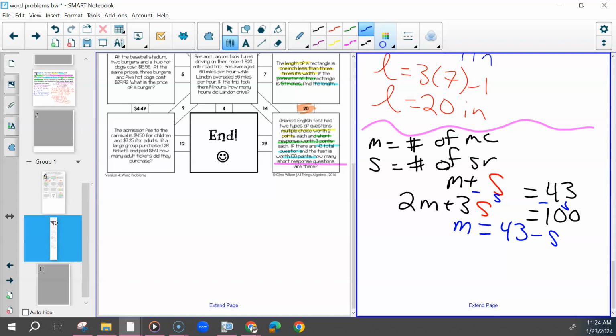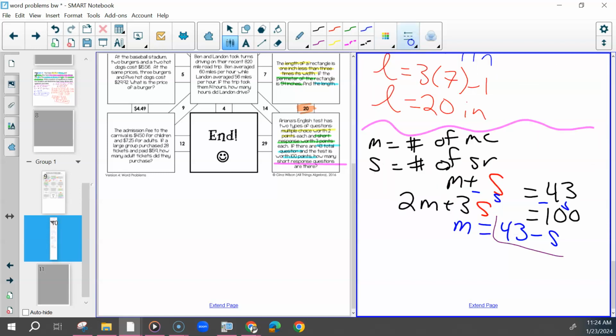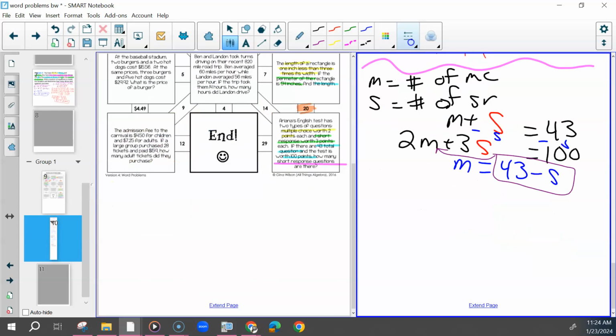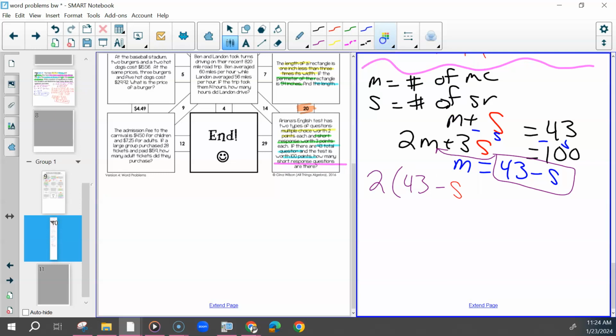And then take that and put it back into the other one. Where N is. So 2 times (43 minus S) plus 3S equals 100.